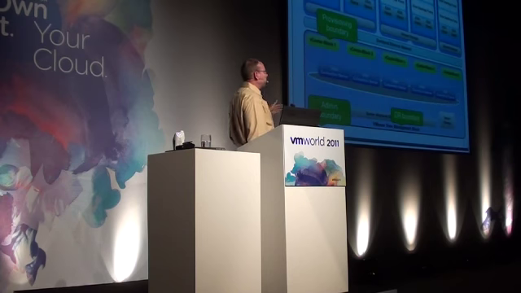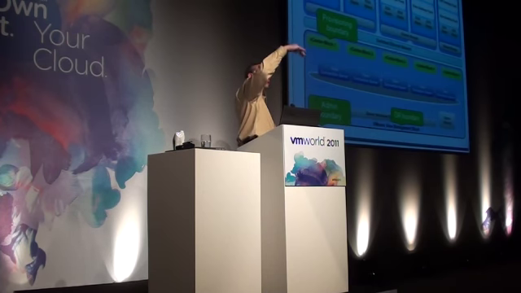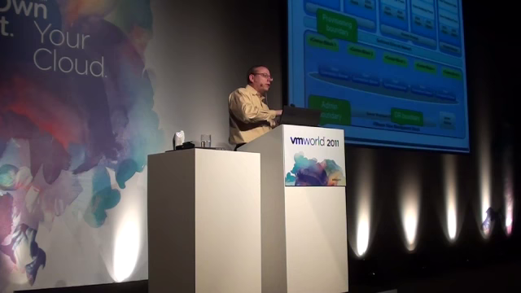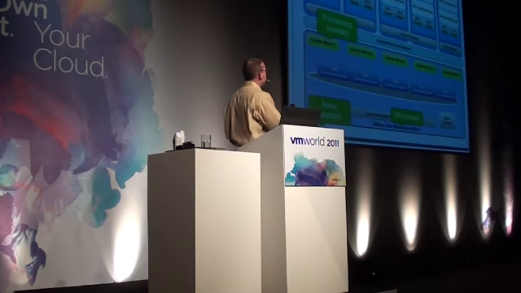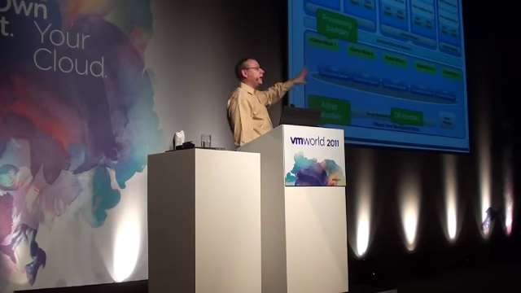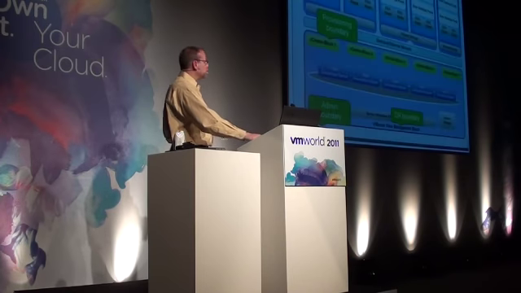We know that server workloads are very consistent, very average, and desktops are very bursty. They do a lot of this. So we want to make sure we don't have our slow, steady server workloads interrupted by desktops that are doing this all day long. So we keep them separate physically, and this way it makes it very easy for us to provide disaster recovery. So does this concept make sense?